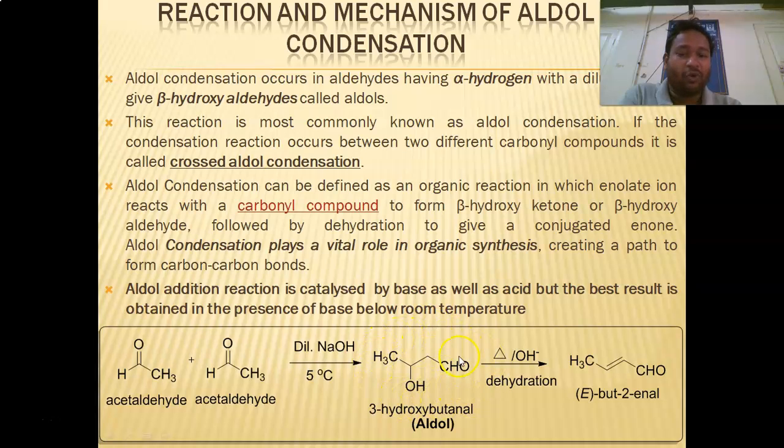This compound's name is 3-hydroxy butanal. When the same compound is heated, it undergoes dehydration and gives rise to the alpha beta unsaturated aldehyde, also called a conjugated enone, and its name is but-2-enal. Here it is written as E. It is conformational analysis; it can exist in E and Z form, which will be studied in higher classes.